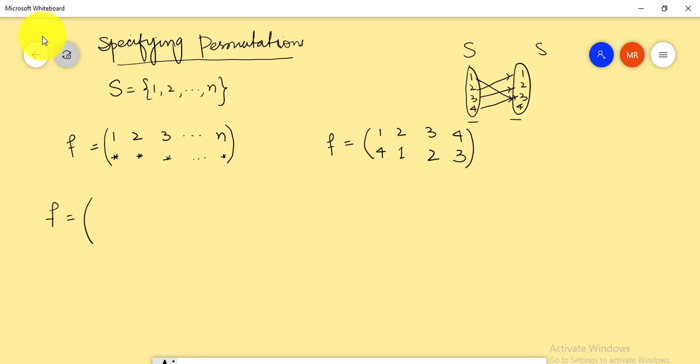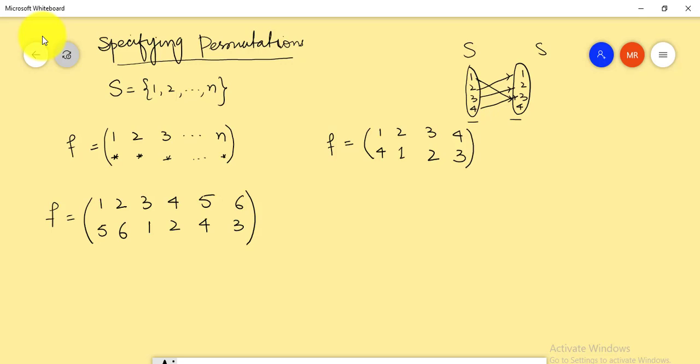What does it do? It maps 1 onto 5, then 2 to 6, 3 to 1, 4 to 2, 5 to 4, and 6 to 3.